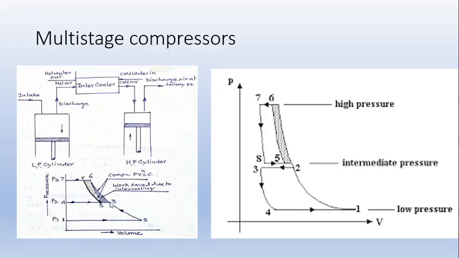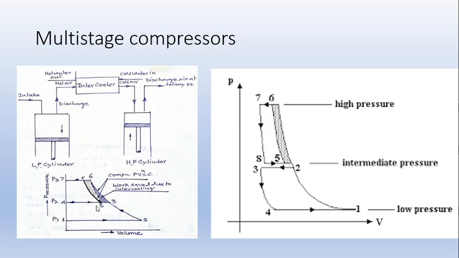Then the temperature of the compressed air is reduced due to the intercooling process. At point 5, the low temperature high pressure gas is fed to the high pressure cylinder, and it is further compressed to point 6 dash, that is the outlet of the high pressure cylinder or delivery pressure. It is P3.